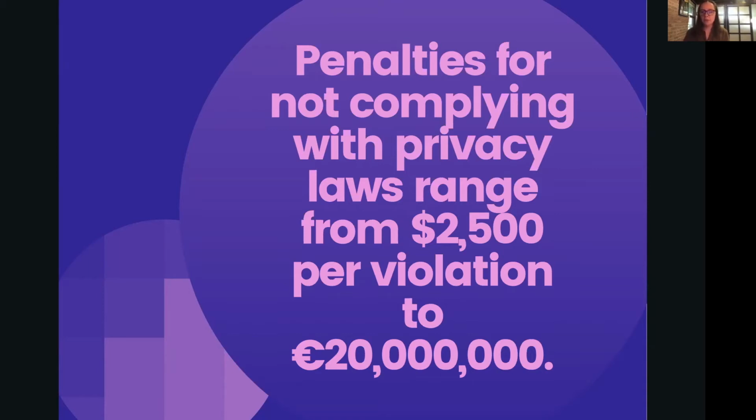And in terms of per violation, that does not mean per website, it does not mean per policy, it actually means per consumer whose privacy rights you infringed upon. So let's say you have 100 website visitors from California a month, and you're not complying with that law, that would be 2,500 times 100. So even for websites that are not that popular and that many people don't visit, that can really add up.